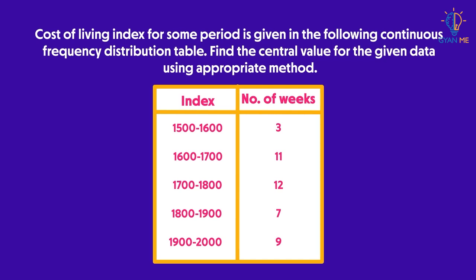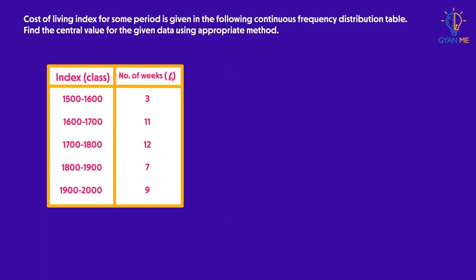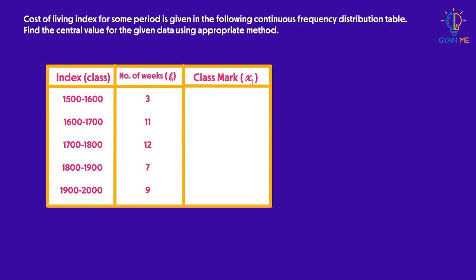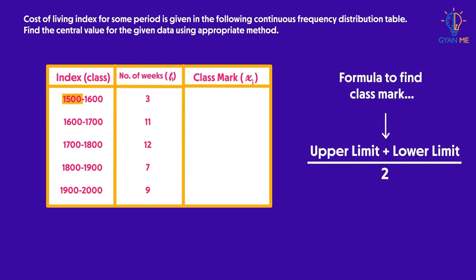Thus we find mean of the data. Now choice of method to find mean depends on situations. Here let us use direct method and find the mean of this data as shown on your screen. To find mean, first calculate xi, that is class mark, using formula (upper limit plus lower limit) divided by 2.